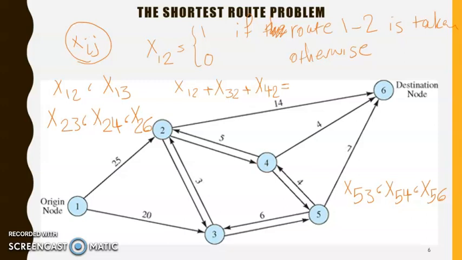Outflow of 2, we have x23, as you can see, x23. We have x24, and also we have x26.